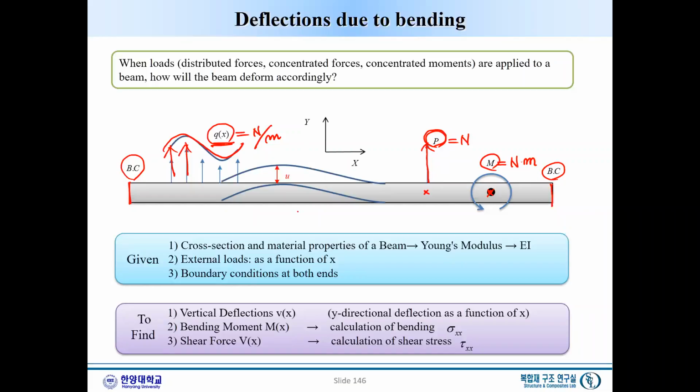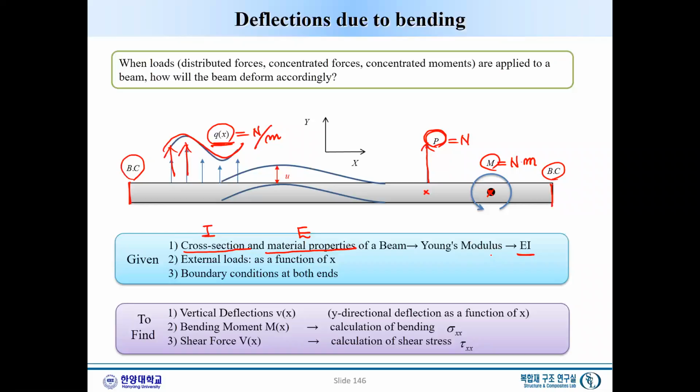And of course, we are given the cross section. Cross section means the moment of inertia I, and the material property, the Young's modulus E. That gives us the bending stiffness, EI.